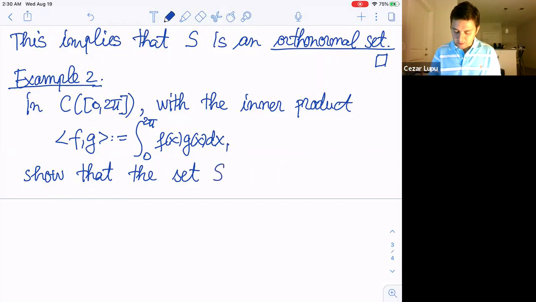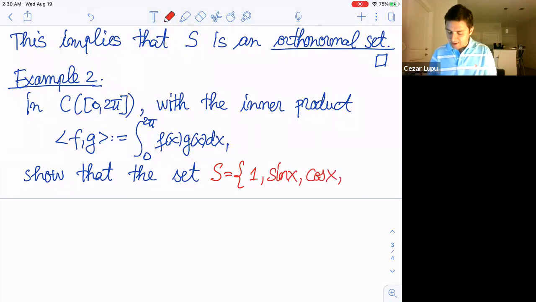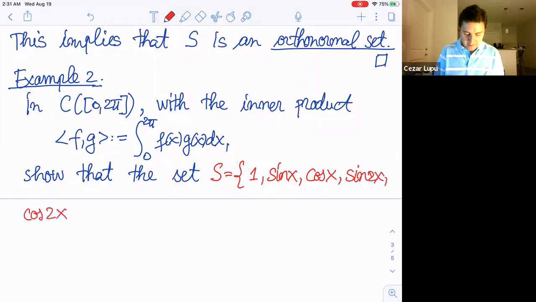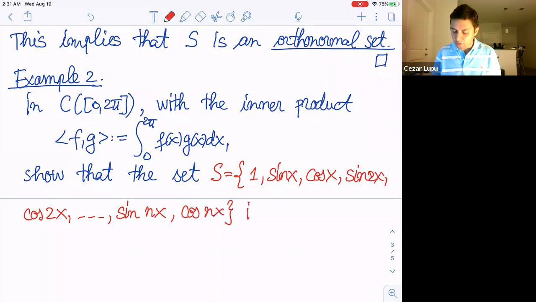So this set, let me write it with a different color, I want to emphasize that. This set S will be 1, sine of x, cosine of x, sine of 2x, cosine of 2x, and we'll keep going, sine of nx, cosine of nx. Guess what? This is orthogonal.